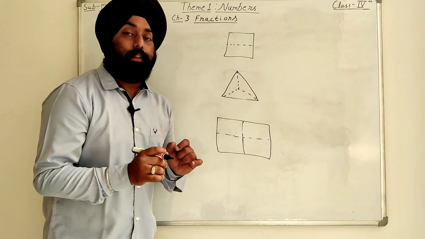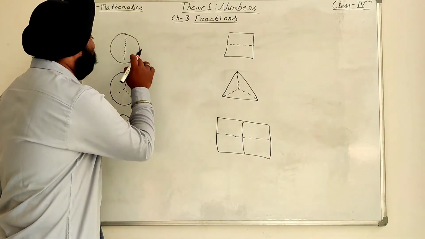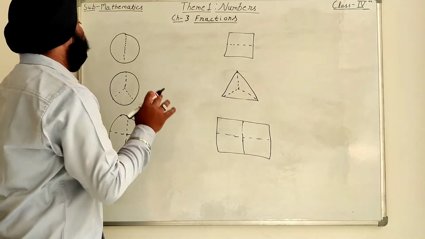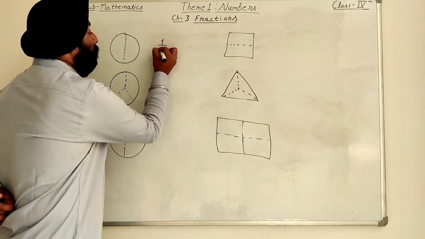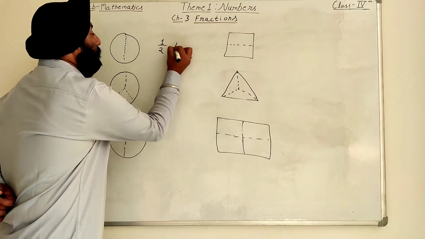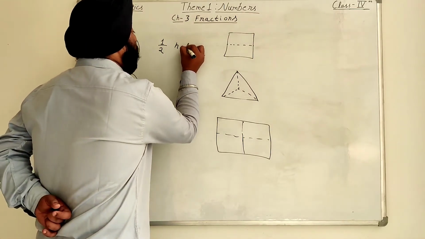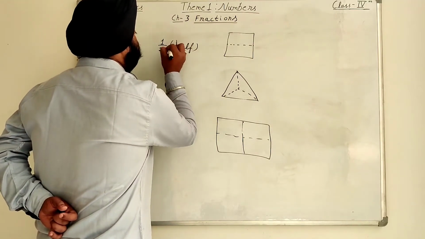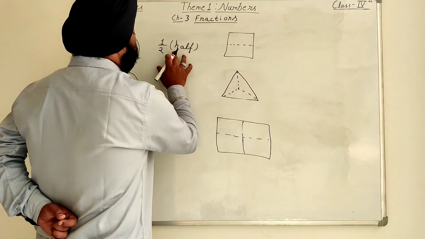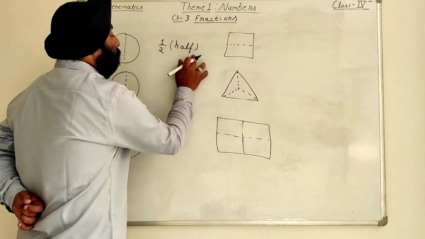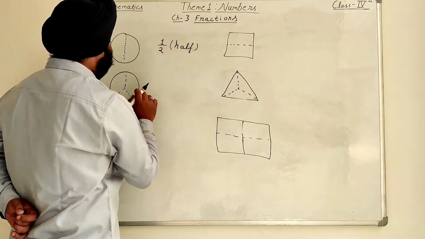Students, take the example of figures. We have divided this circle into 2 parts. This is called 1 upon 2, or in English, half. Where 1 upon 2 is written, we read it as half, means adha.